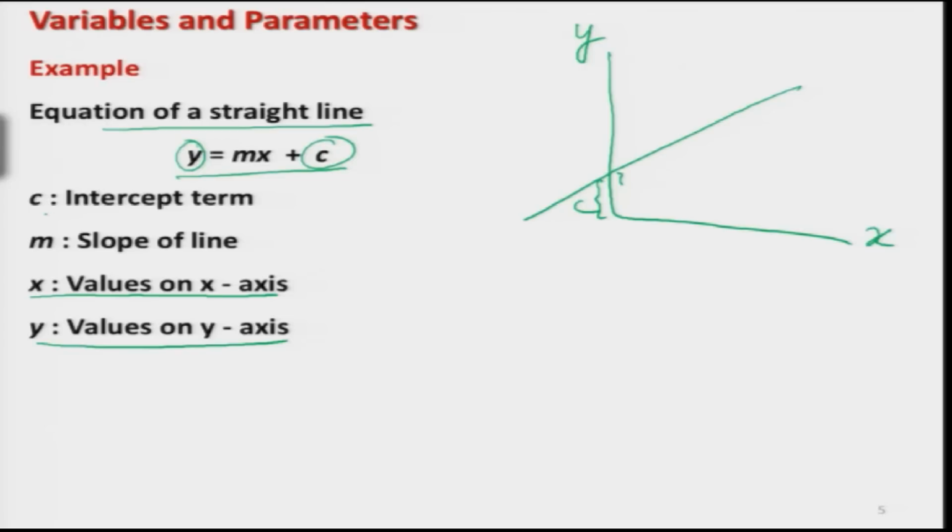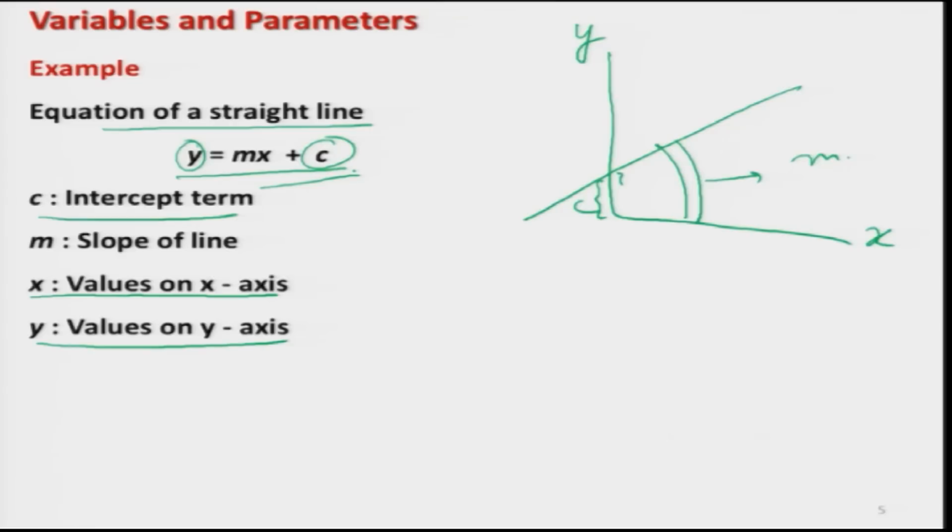So, c is going to be an intercept term, right, and this angle is going to be represented by m in terms of tan of the angle, the trigonometric function. So, this is how we denote this equation y equal to mx plus c.